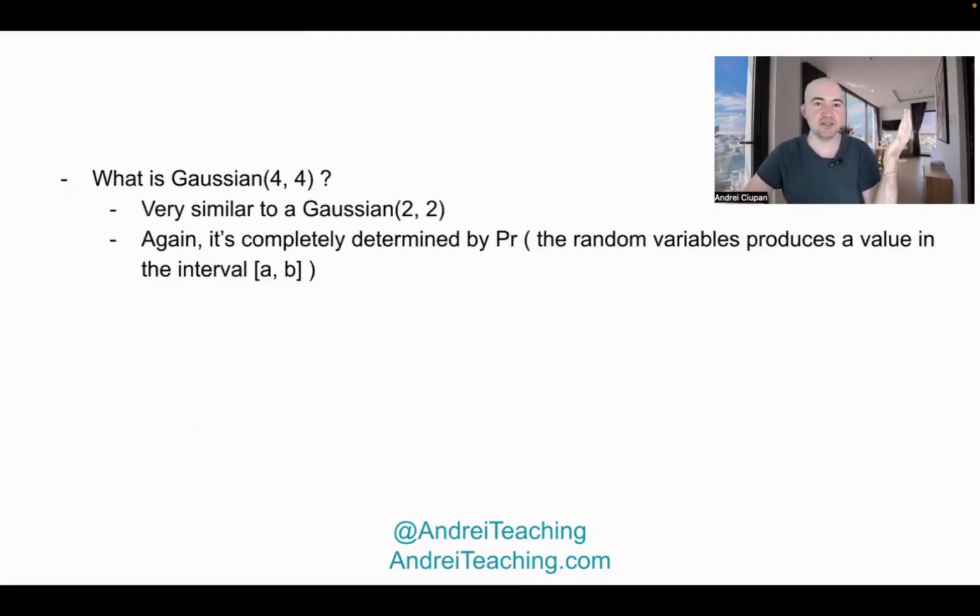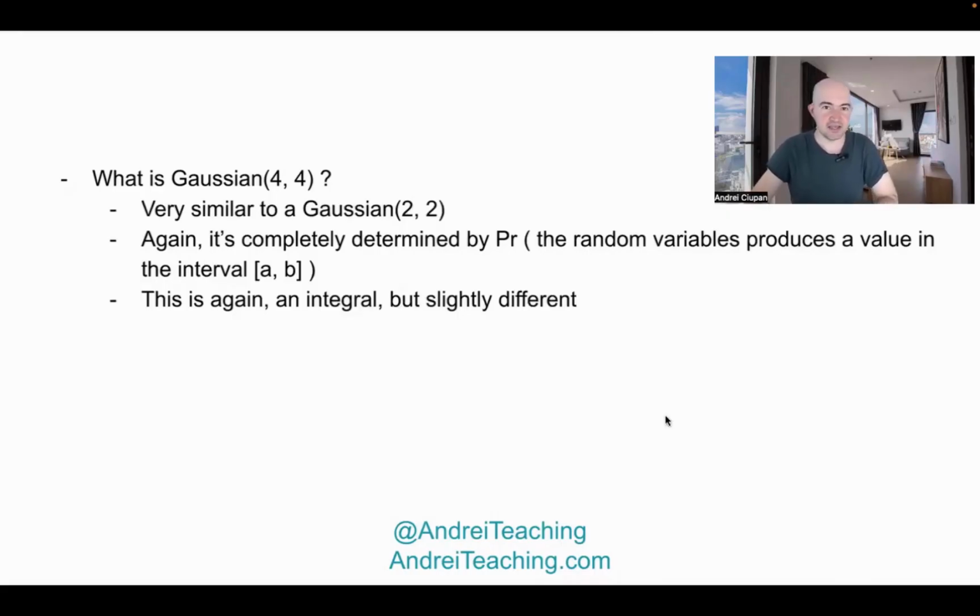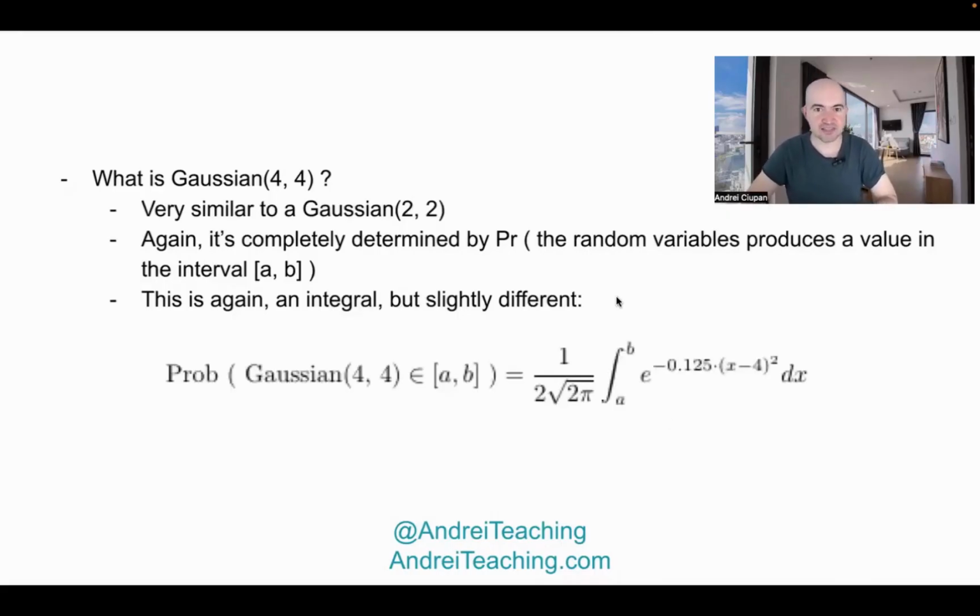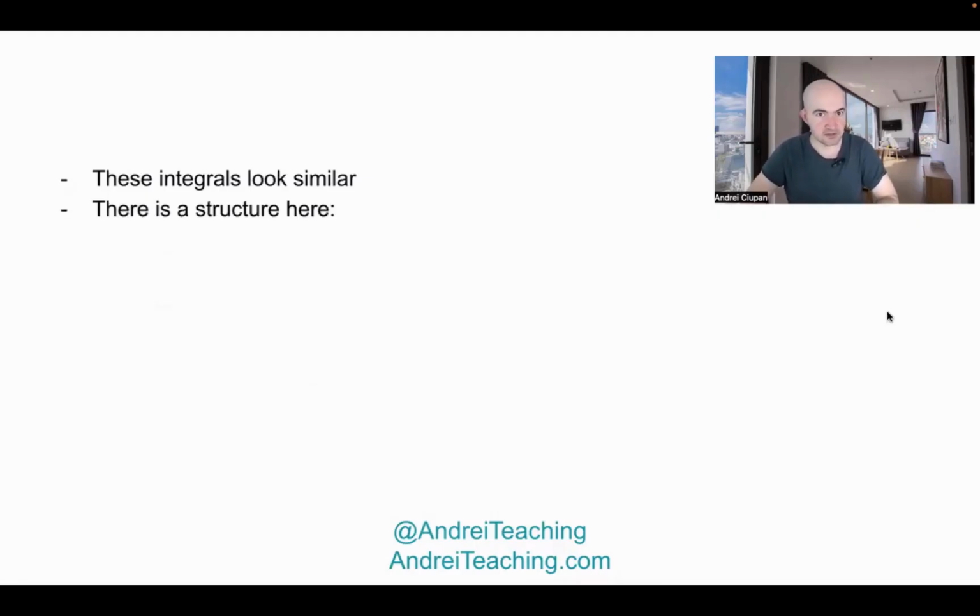It's the same concept. It's determined by the probability of getting a number in a particular interval AB. This, again, is an integral from A to B, but slightly different. This constant is slightly different, and this value is also slightly different.